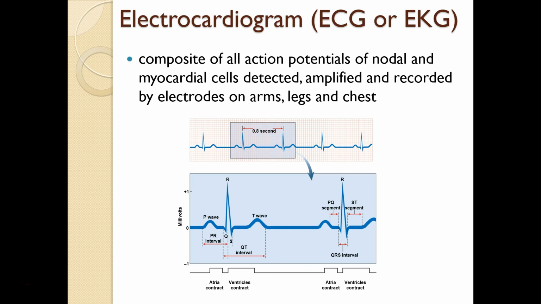Their electrical impulses are amplified and recorded, and that's what you see here in the ECG. So for the test, I'll have a picture, something like this, and you should be able to identify what those parts are.